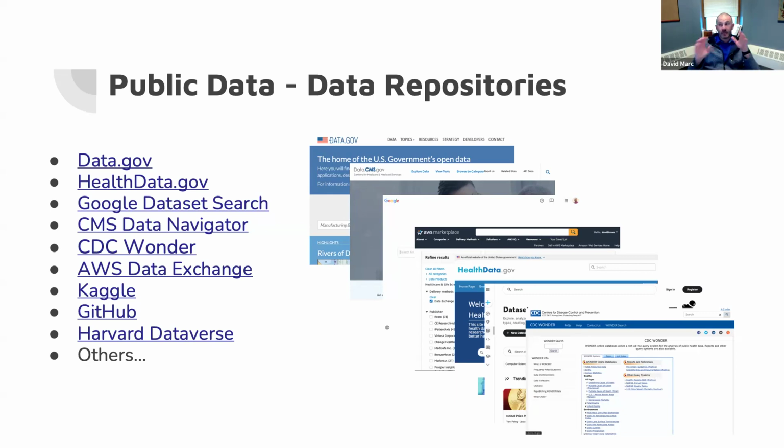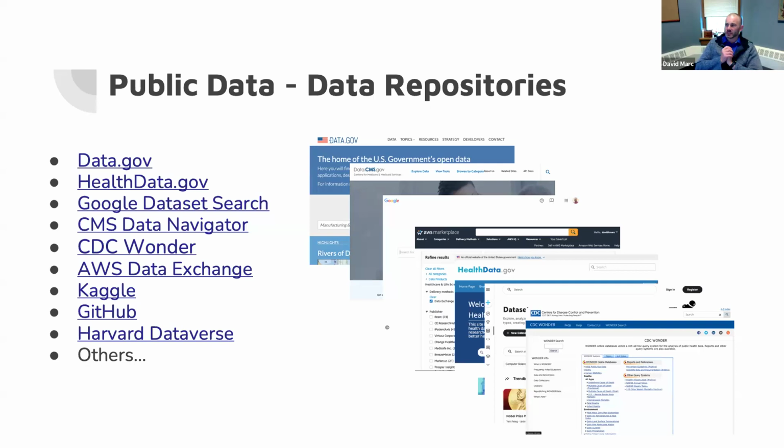Other examples that you may not be aware of: Google Dataset Search. Google Dataset Search was in a beta phase, and I think it's still in beta. It provides a search engine to be able to access data, and that is available online.